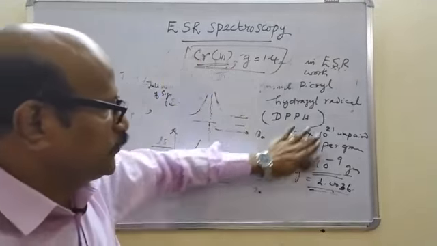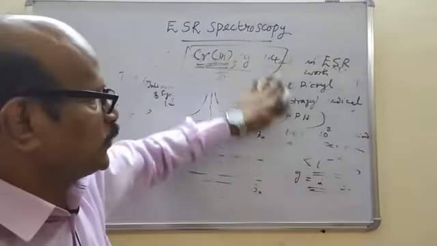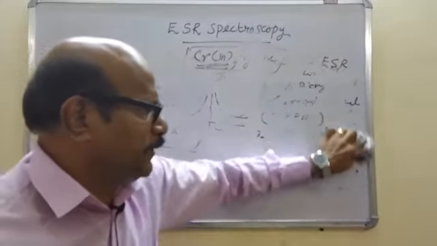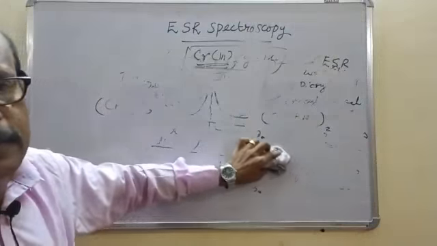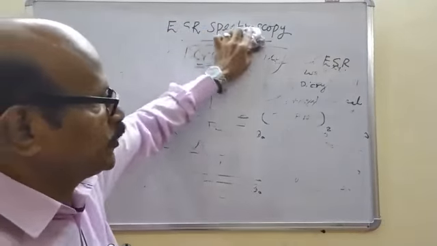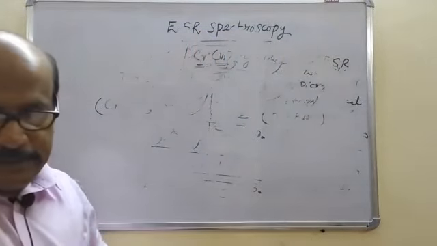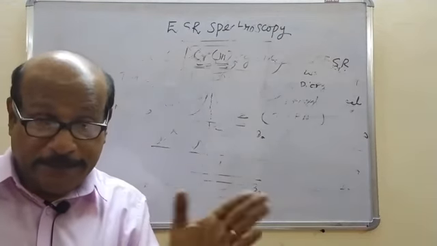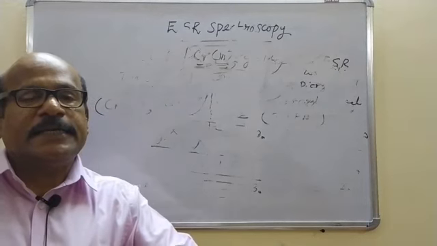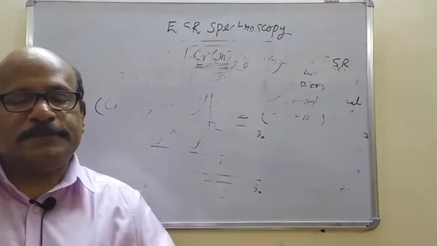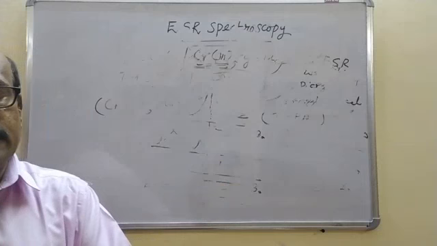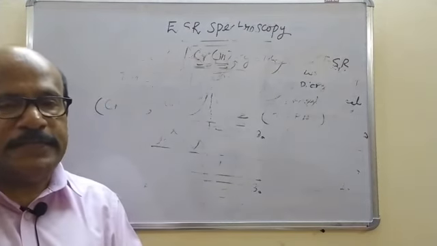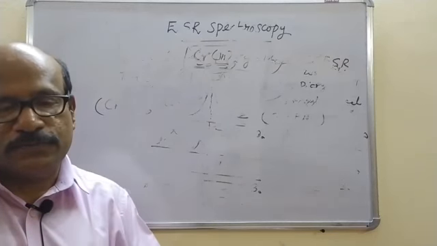Hyperfine splitting follows a quantum mechanical selection rule. The electron spin interacts with the nuclear spin. The electronic spin Ms must interact with the nuclear spin Mi, thereby causing further splitting of the line.